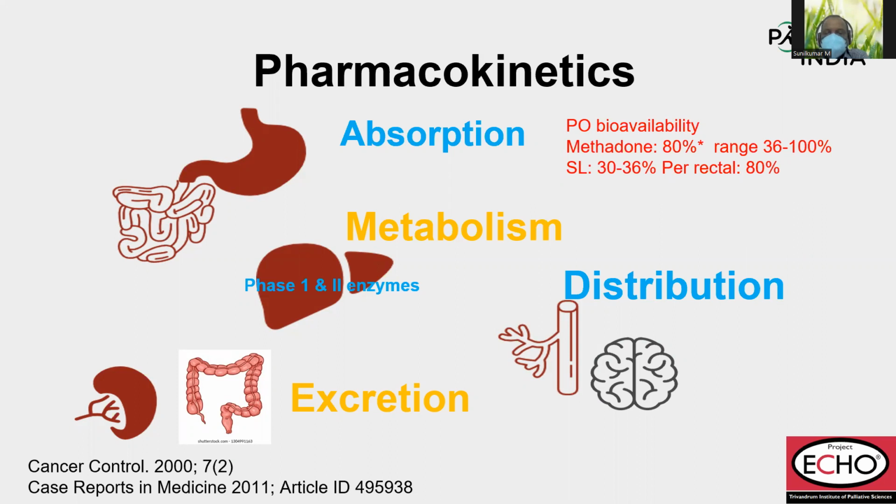The metabolism happens mainly in the liver, and then it is distributed through the whole body and is excreted mainly through the bowel, but a fraction is also excreted through the kidney. The metabolism of methadone is important.